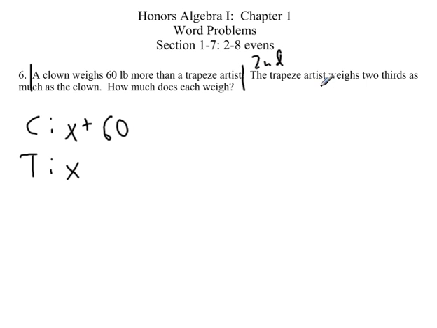Now once you get that process down, you're ready to start on the second statement. The trapeze artist weighs 2/3 as much as the clown. Use that to set your equation. And it sometimes helps: the trapeze artist equals 2/3 of the clown.